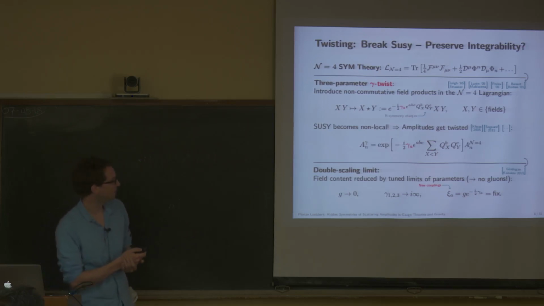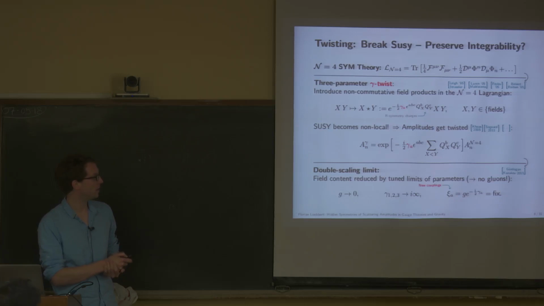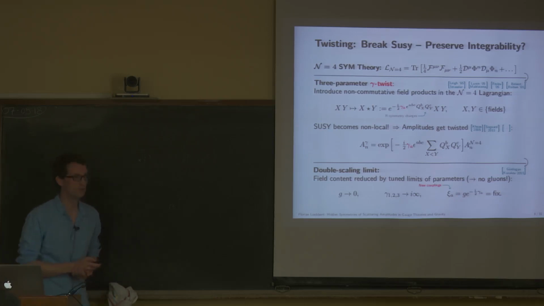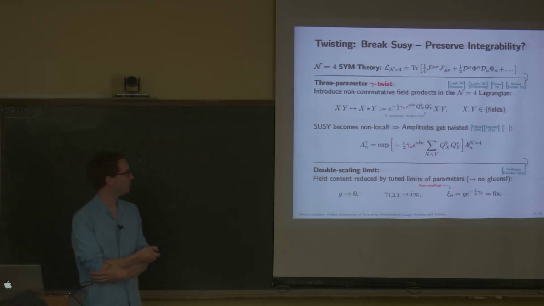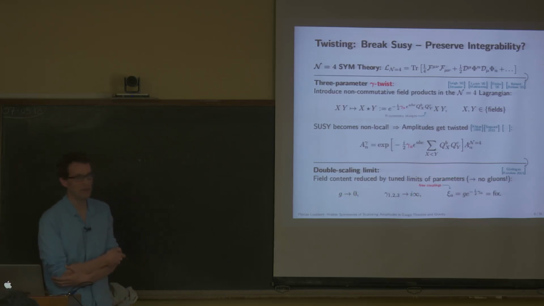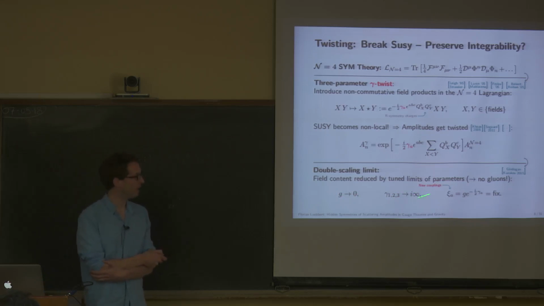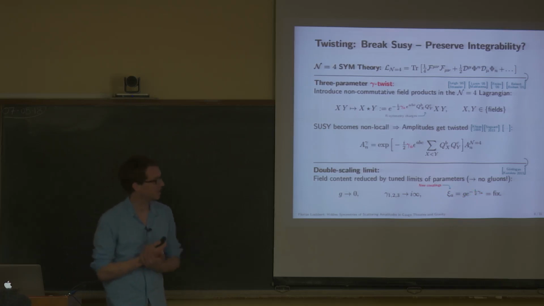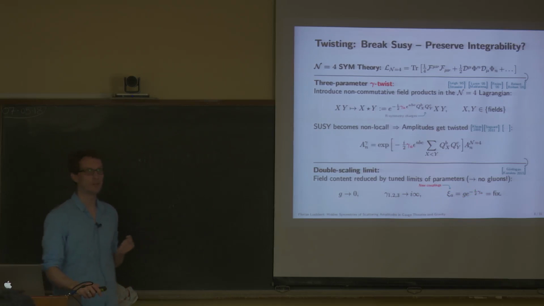And I'm particularly interested in a certain double scaling limit that was introduced by these people here in 2015. And this limit consists of taking the weak 't Hooft coupling and at the same time taking these parameters gamma_a to imaginary infinity. And I want to keep this particular product here, g times e to the gamma_a fixed, and this xi will then be my new coupling constant.